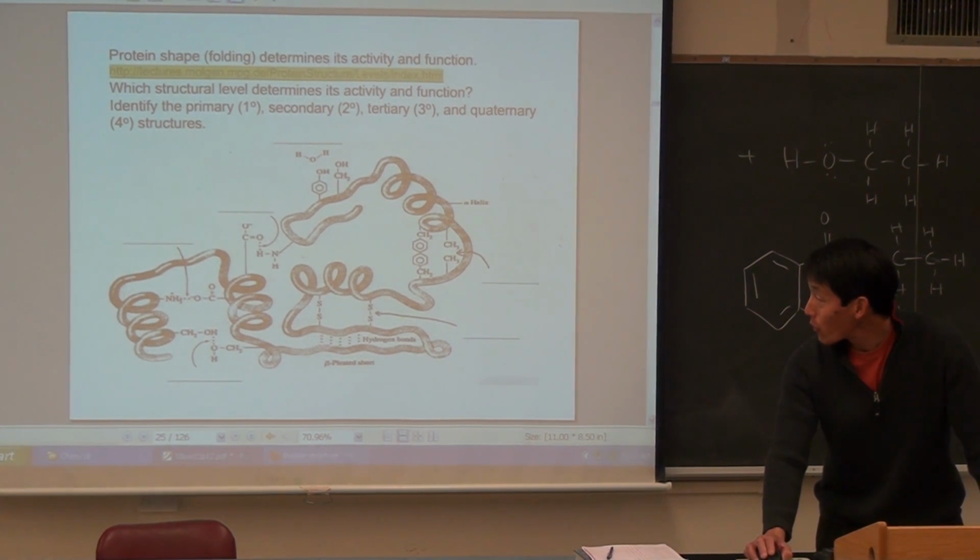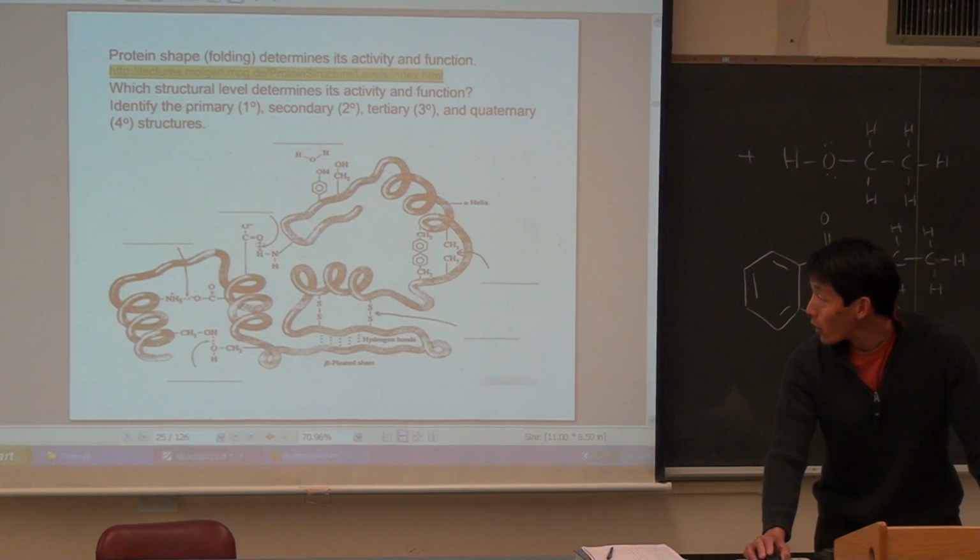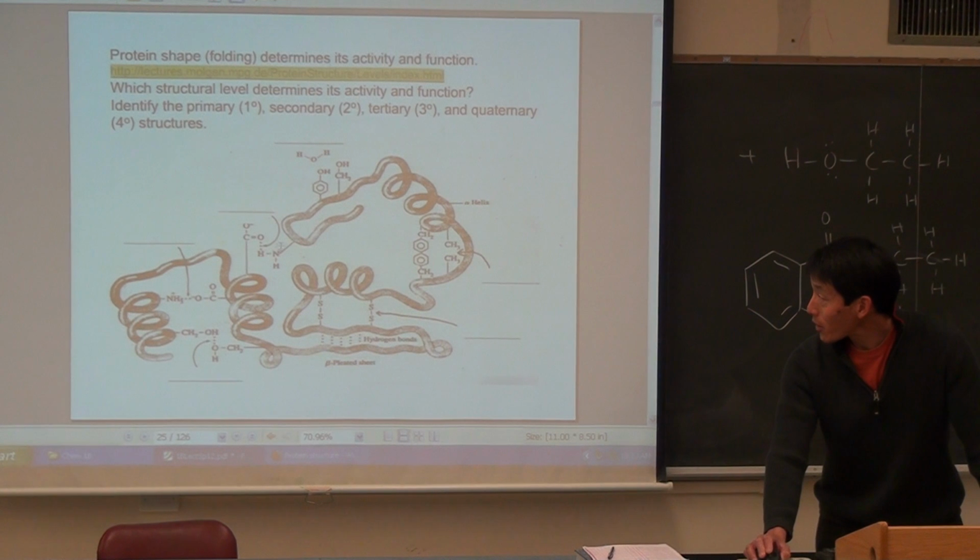Okay, so here's our protein chain, here's part of that amino acid, here's another part of the amino acid. So note that here, it could be a hydrogen bond, which connects this part of the protein chain to that part of the protein chain.